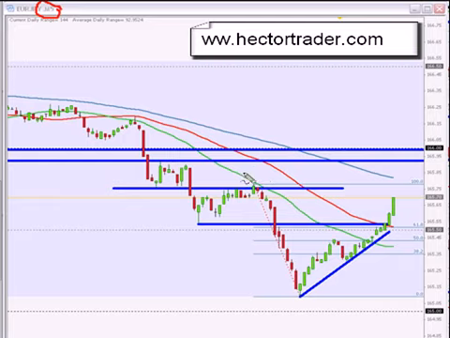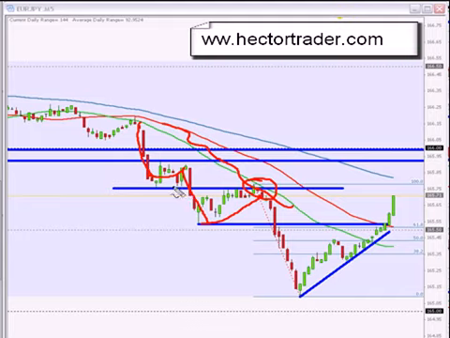Have a look here. Moving averages all pointing down, clearly trending markets to the downside. Price swings down, retraces back to the dynamic area of support with a confluence of elements. We have a previous double bottom here, former support now working as resistance.